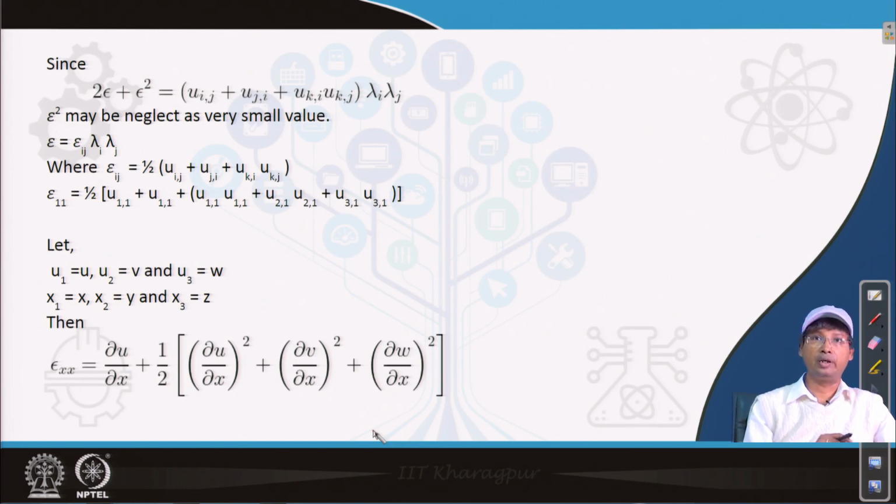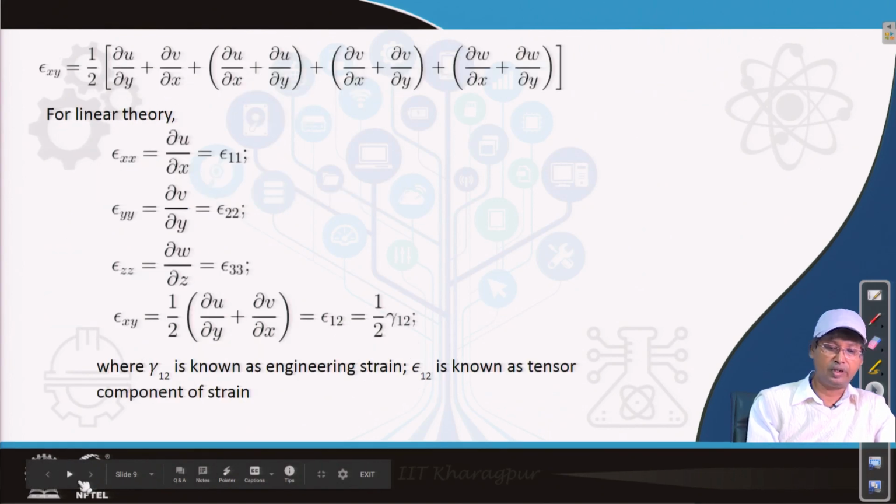We considered any type of movement, and in that way we have considered some higher order terms or nonlinear terms. So, this part of strain is generally known as the nonlinear strain, and this is known as the linear strain.